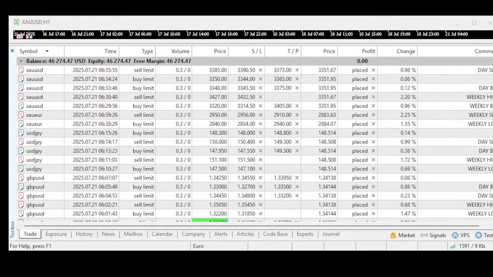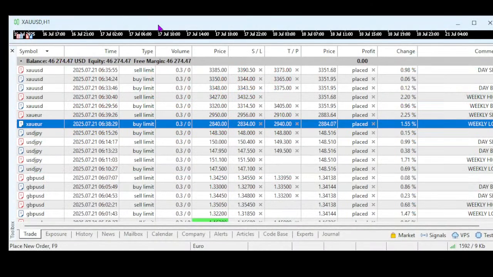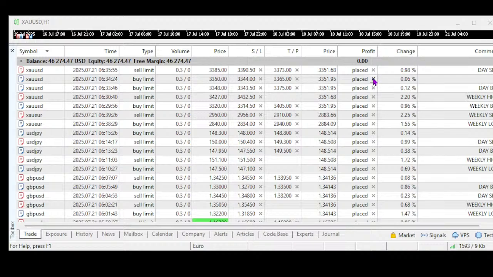Okay, so let's go and key in that order. 2870, stop 2864, and 2900. Okay, this is a day order, expiry is today. This is a day buy.